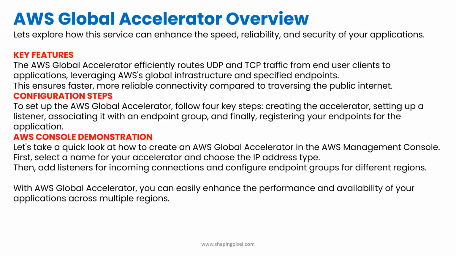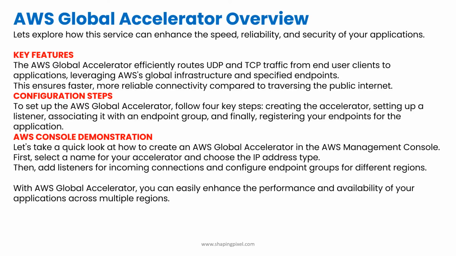So let's explore how the AWS Global Accelerator can enhance the speed, reliability, and security of your application. The AWS Global Accelerator efficiently routes UDP and TCP traffic from end user clients to applications, leveraging AWS global infrastructure and specified endpoints.